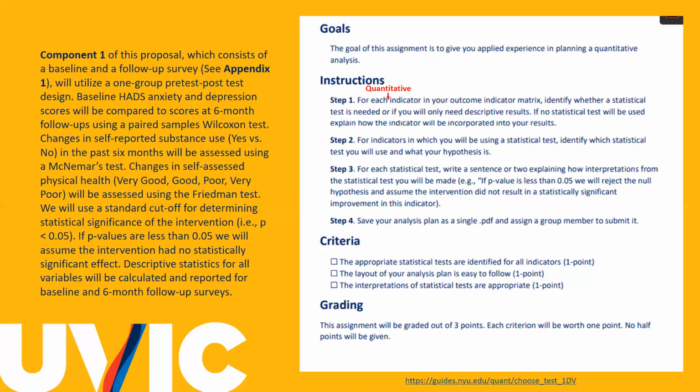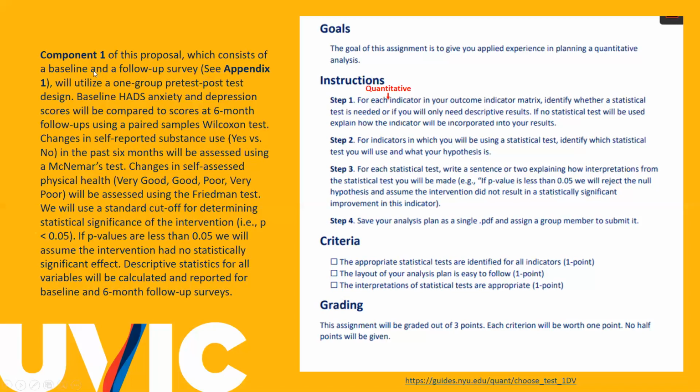So again, for those quantitative outcome indicators, you're basically going to need to identify the statistical test you're going to use, set up a decision rule and what your hypothesis is or what you expect to test, how you're going to test it, and then just explain what the decision rule will be. You know, if the p-value is less than 0.05, you'll reject the null hypothesis and assume the intervention did not result in a statistically significant improvement.